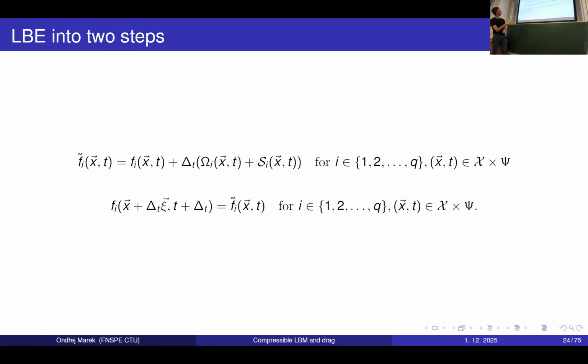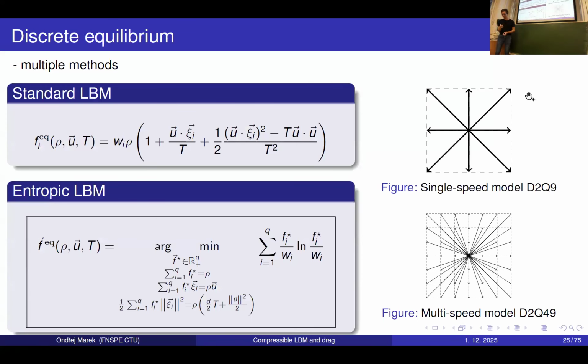And yeah, here just the two steps. So firstly, we recompute the microscopic distribution functions and add the collision and some forcing operator, and then we are shifting in the lattice, and these steps can be parallelized.